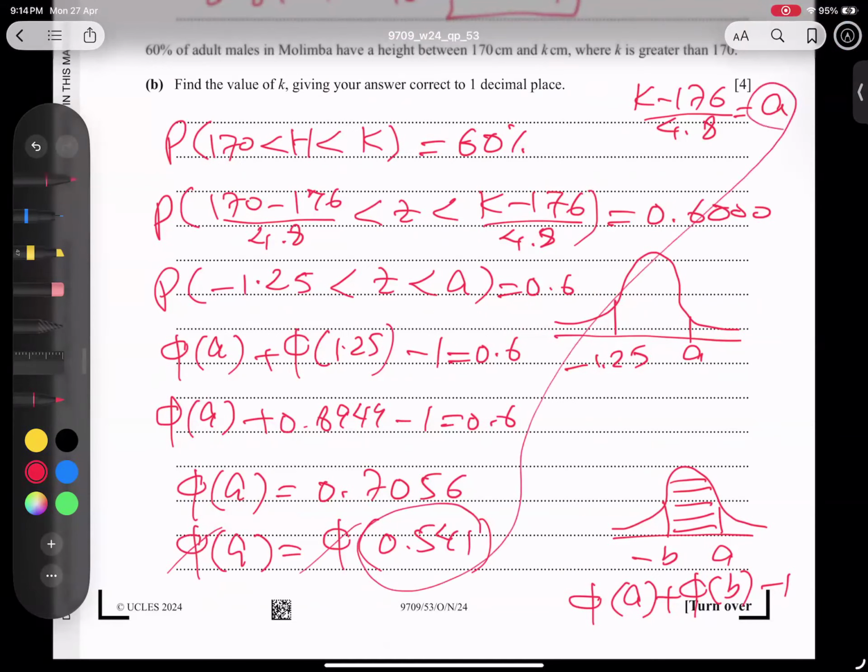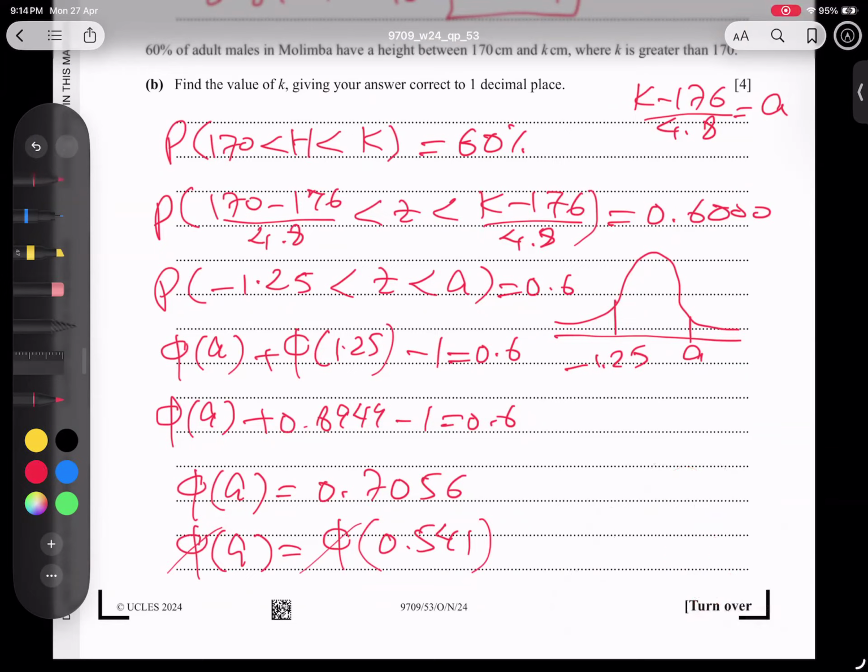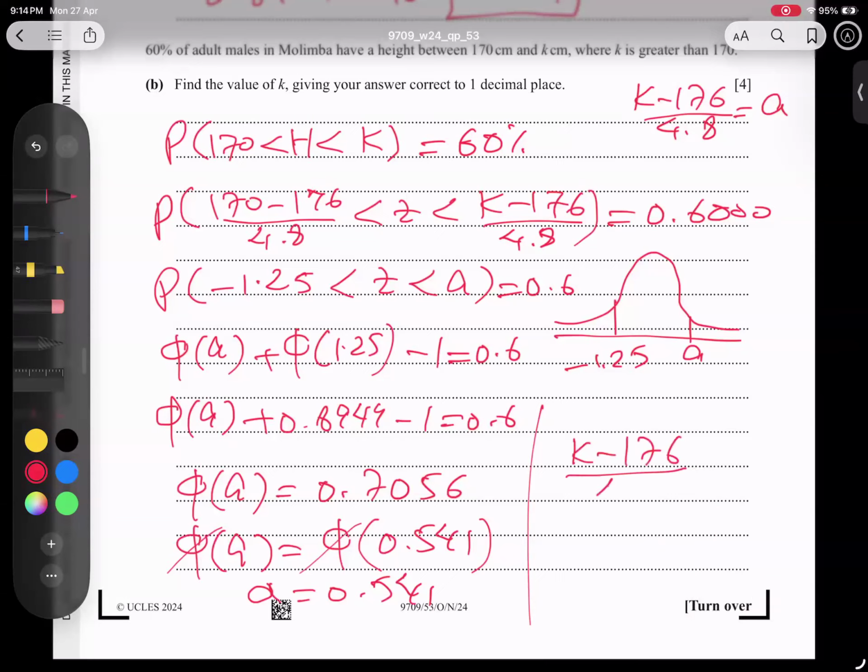I'm going to plug it in here. So the A value is this. This formula I have to erase, space problem. Okay, so the A value I'm getting is 0.541. I'm writing now (K minus 176) over 4.8 equals 0.541.